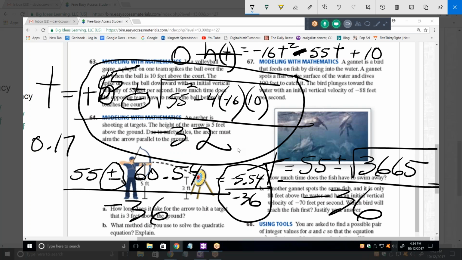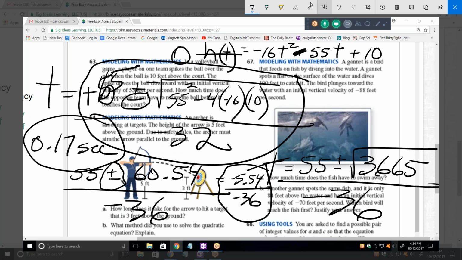Yeah, and that makes a lot of sense as to how long it would take to hit the ground. In other words, we wouldn't want to come up with an answer that was like 2 seconds. Because at 55 feet per second, in 2 seconds it will go down 110 feet. And it only has to travel 10 feet. So we know it's going to be a part of a second.